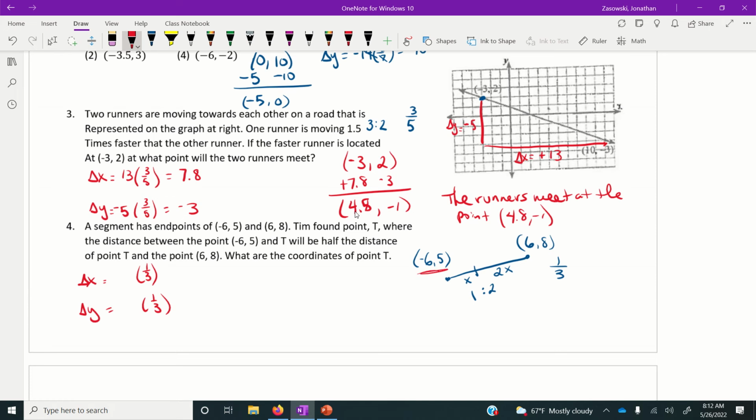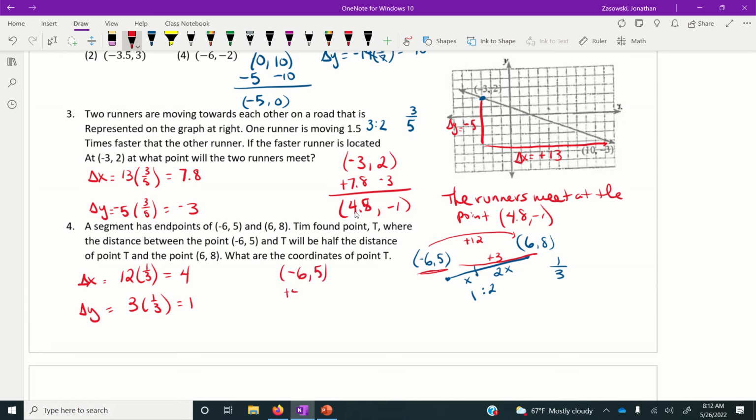Now, to get from -6 to +6, we have to add 12. So 12 times 1/3 is 4. And to get from 5 to 8, we have to add 3. So we're going to take 3 times 1/3, which is 1. Okay? That's pretty much it. So we're going to take our first point, which we talked about was -6,5.